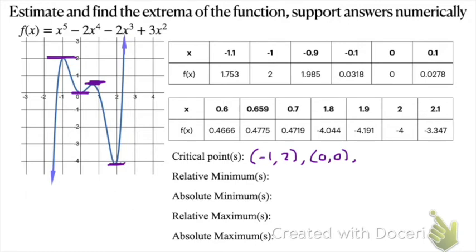Then my next one is at 0.659, and the y coordinate is 0.4775. I'm running out of room here. It's a bad looking 7. And then I have one more at -1.9, -4.191.